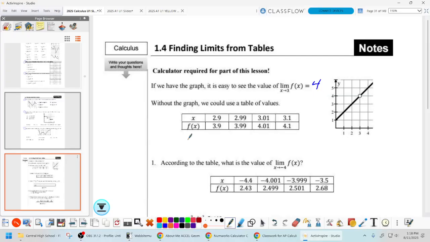Can you see that in the table? How? I think we all can, but let's put it into words. What are we looking for in the table to know the limit is 4 as x approaches 3?